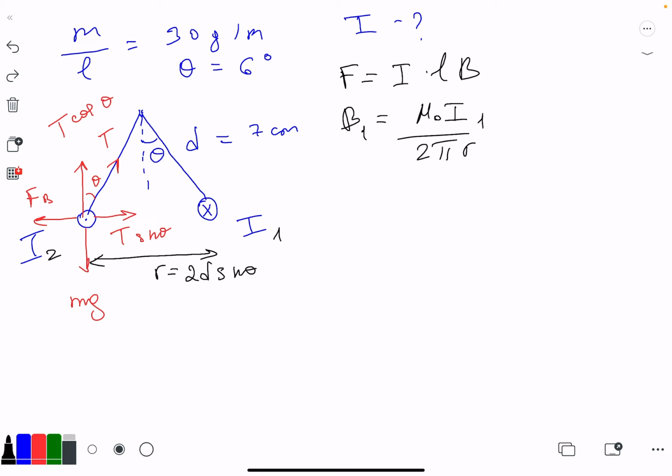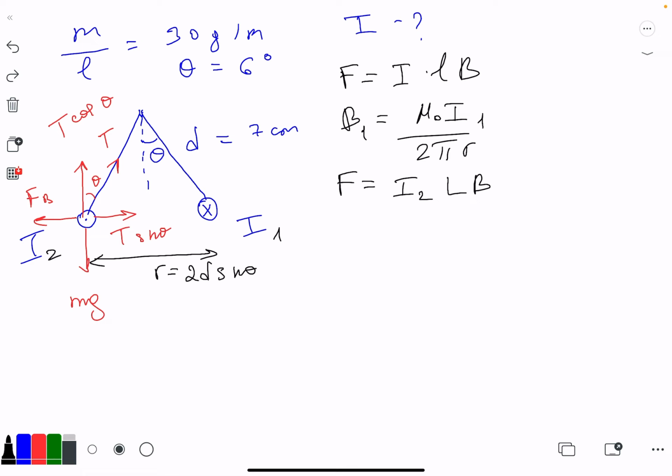If that's the case, then we also know that force is equal to current 2 L times B. Okay, L is a length, right?